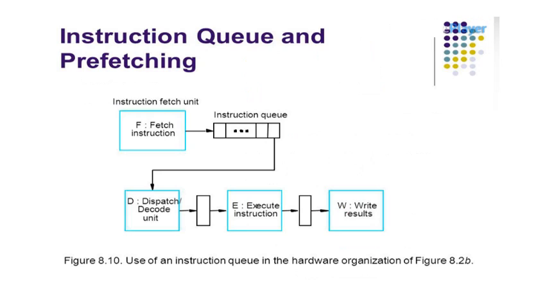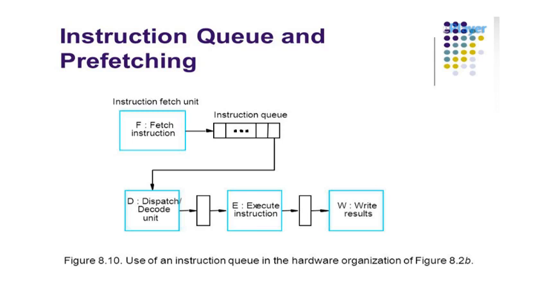Next is about instruction queue and prefetching. Either a cache miss or a branch instruction stalls the pipeline for one or more clock cycles. To reduce the effect of this interruption, many processors employ a sophisticated fetch unit that can fetch instructions before they are needed and put them in a queue. Typically, the instruction queue can store several instructions.